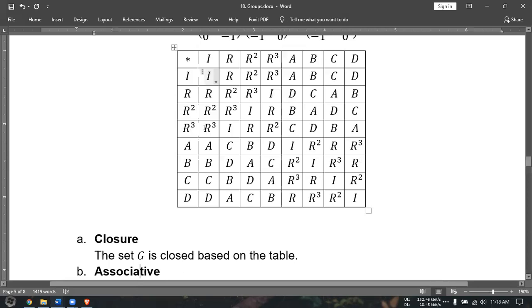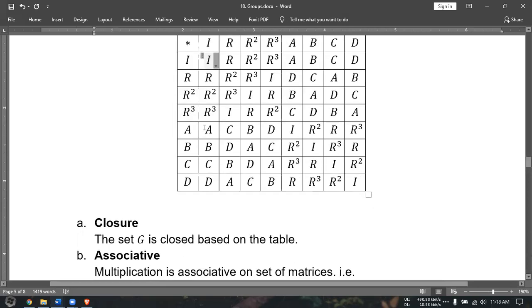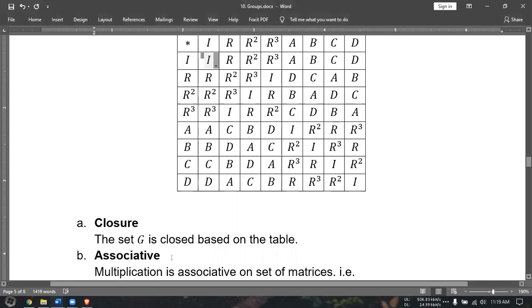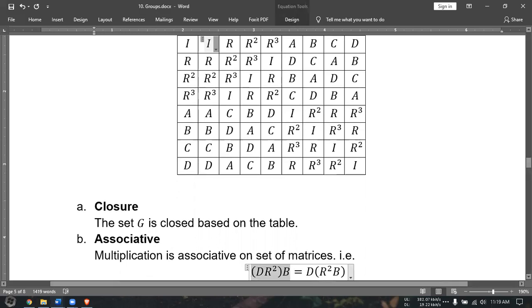And associativity, multiplication is associative on the set. So we have to test its associativity by assuming a specific case. Let's say this is the case.